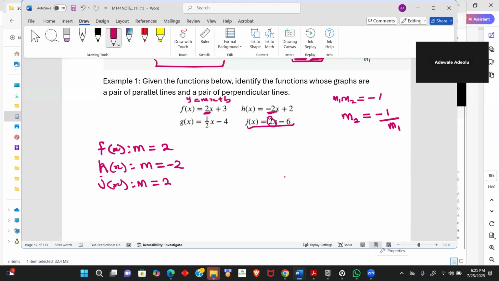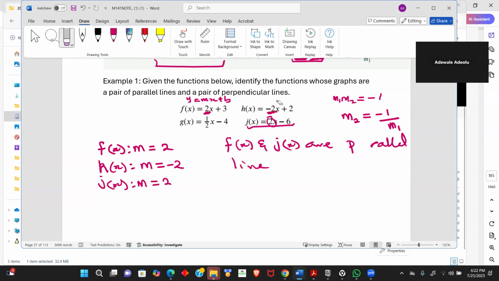I can make the conclusion that f of x and j of x are parallel lines. Done. Parallel lines.